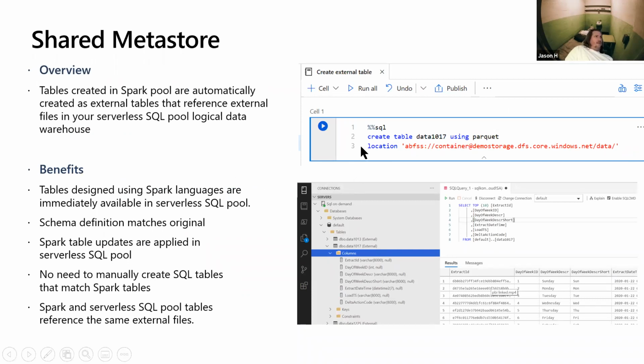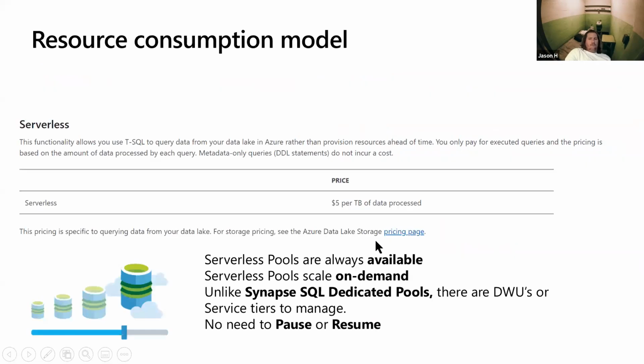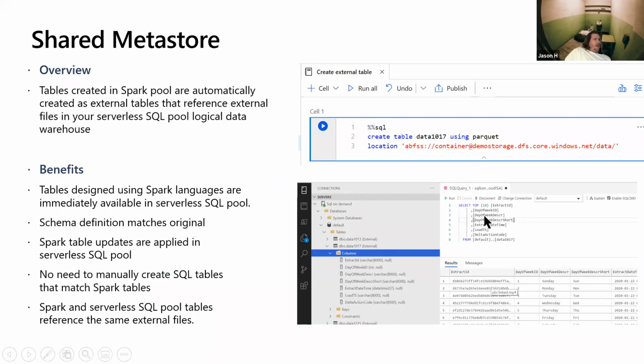This is just a little slide on the shared Metastore. So the idea here is if I create this table, and this is a notebook in Spark, using what's called Spark SQL to create a table, dumping it out as Parquet onto blob storage here using this URL. Then you can see here when I go into my Synapse workspace, I can query it from my serverless environment, right?